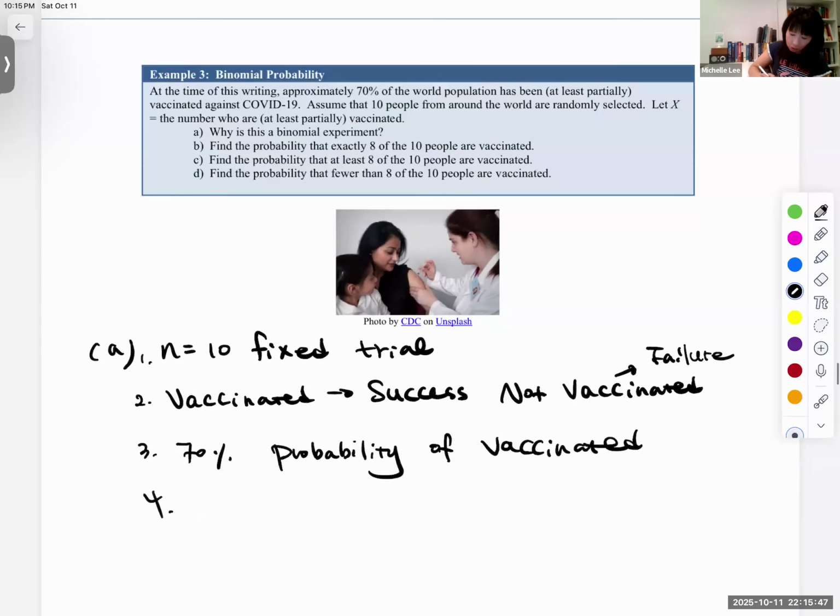Okay, how about number four? What was number four? Independent, right? Is it independent? Okay, this is independent. Why? Because n equals 10, so we select the 10 randomly from the whole population.